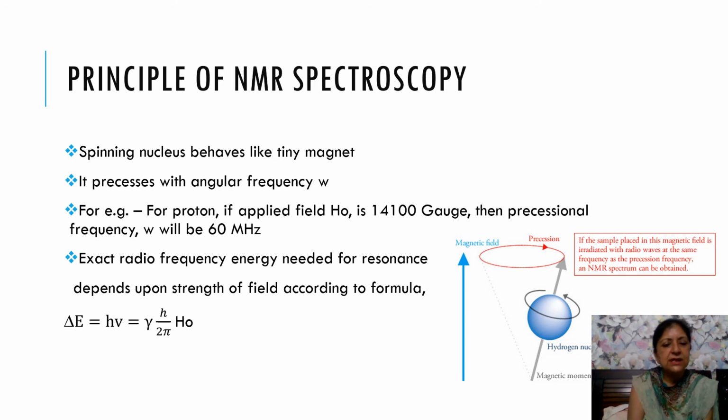h is Planck's constant, you know its value, pi is a constant, and now we can see the relation left over is only between nu and h naught, that is, frequency is directly related to h naught. As I have already told you, the more the applied field strength, the more the precessional frequency, and so the more the delta E value, and the signal originates depending upon the energy gap between the two spin states.